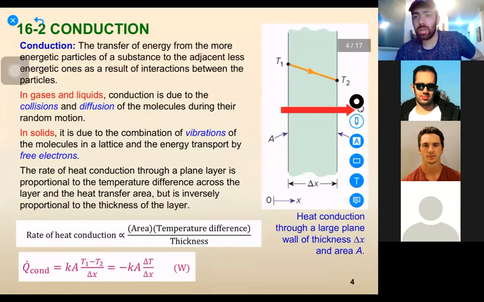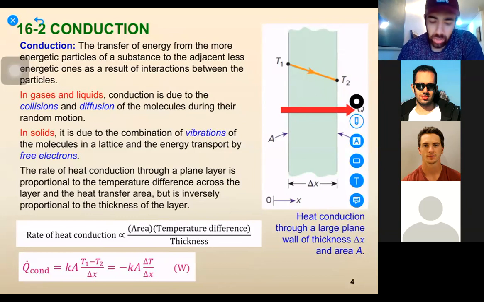What really needs to be studied here is actually the terms which are affecting each of those kinds of mechanisms. For example, for conduction, you have 3 terms. You have to know about the conductivity constant, which is K. It is really specific to different kinds of materials.